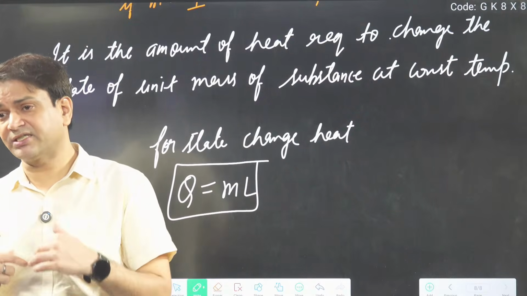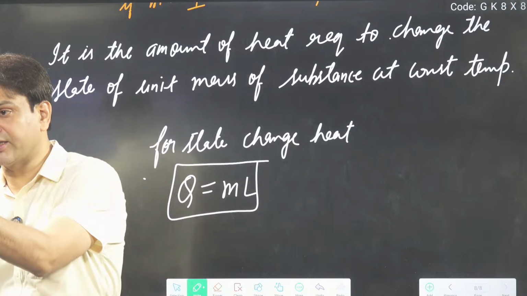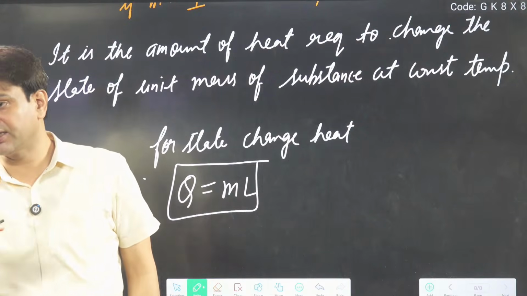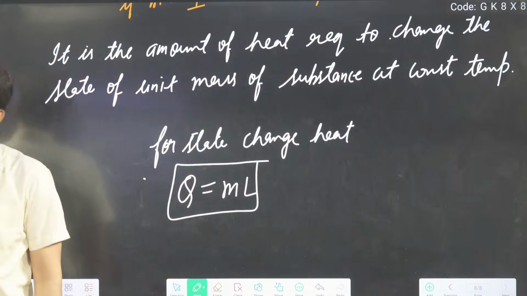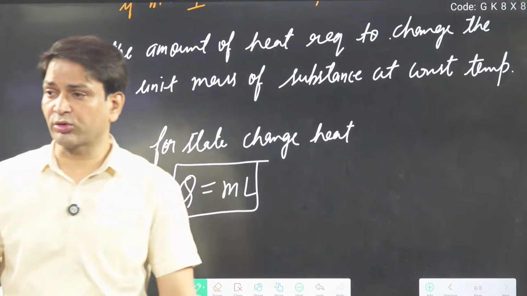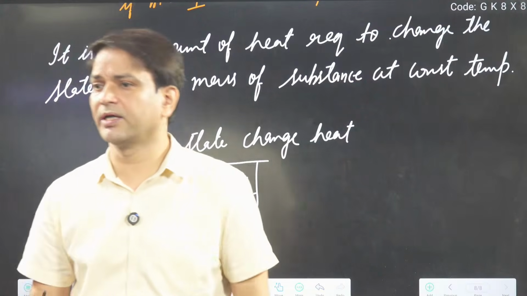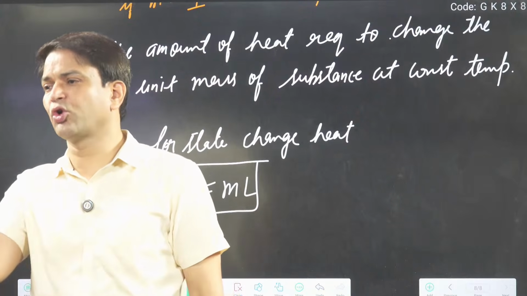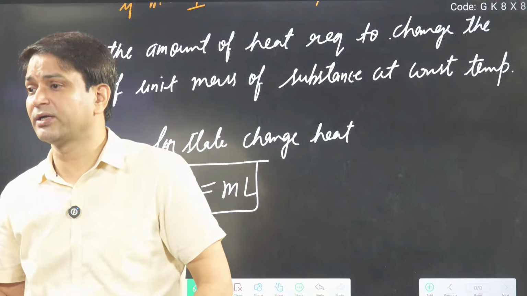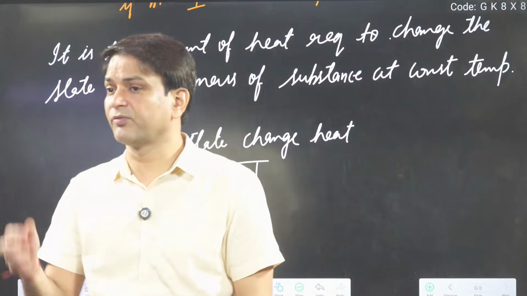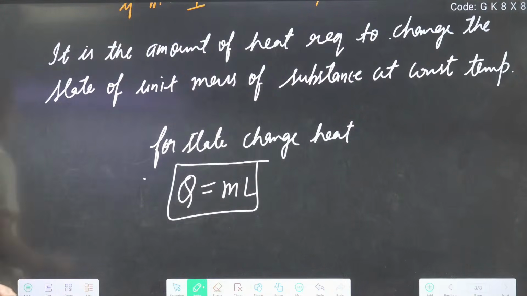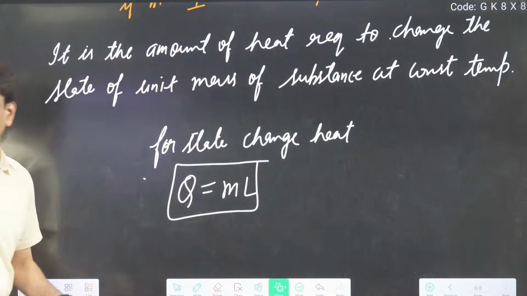And for a state change, we always write Q is equal to m L. During the state change, temperature will not change. Everybody got it or not? So state change is carried out at a constant temperature. If melting is going on, it is carried out at the melting point. If boiling is going on, it is carried out at the boiling point. But during the state change, temperature will not change. Understood?